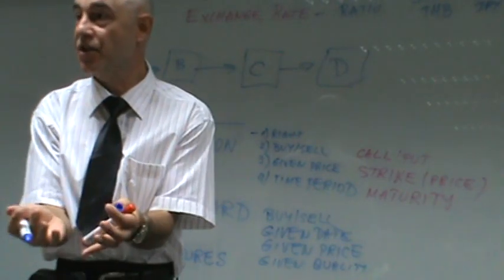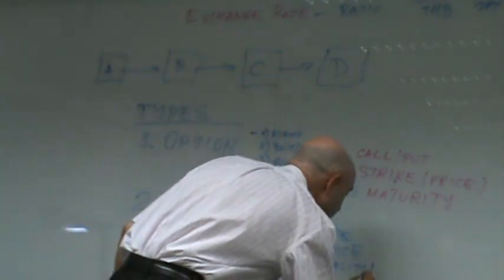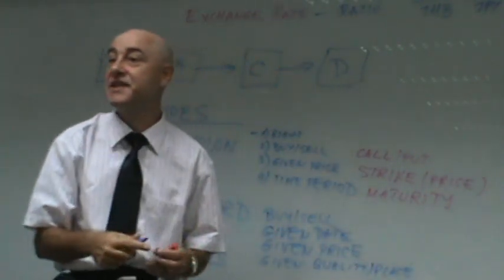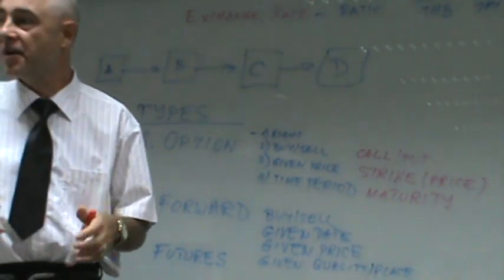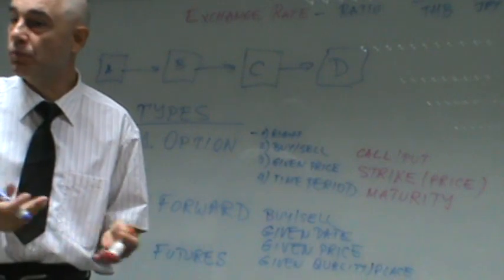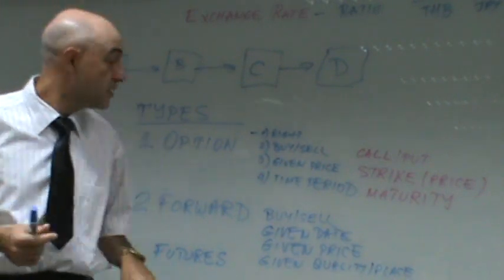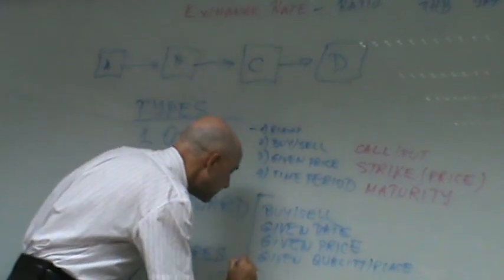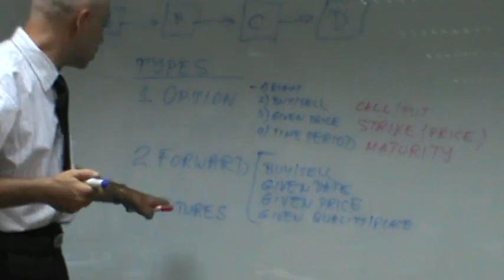I mean, it's got to be a certain quality. And of course, if it's a commodity, place, as in delivery. Where? Is it going to be in Bangkok, in Phuket? Where? Okay. So, the forward gives you this.